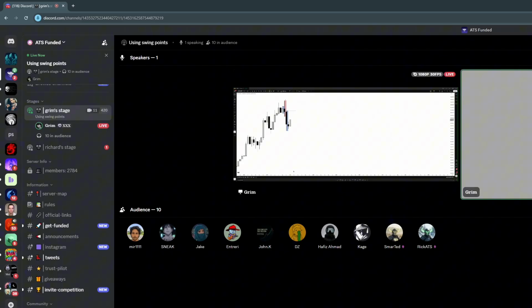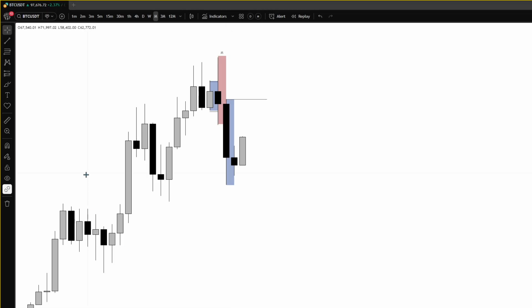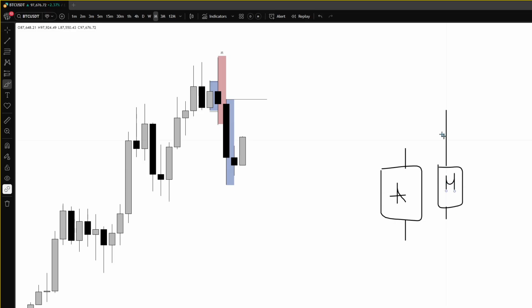So you can literally think of candle 1 as accumulation, candle 2 as manipulation, and in most cases candle 3 will be the expansion or distribution.